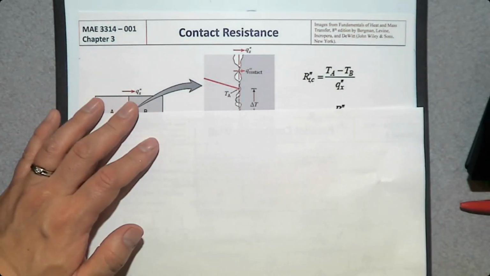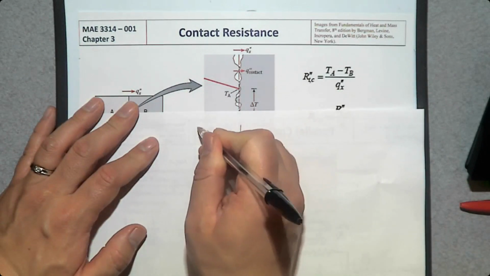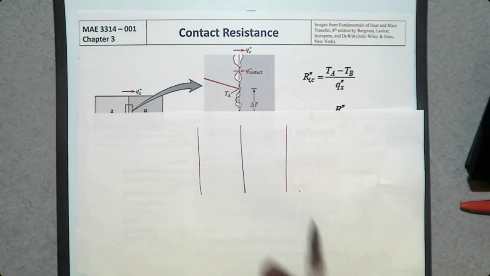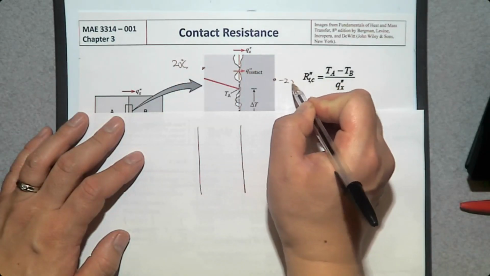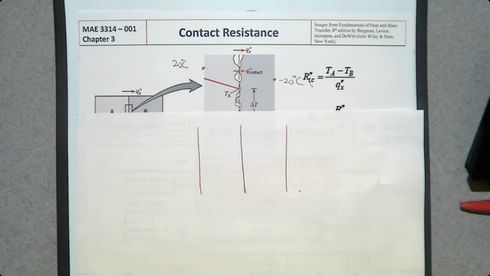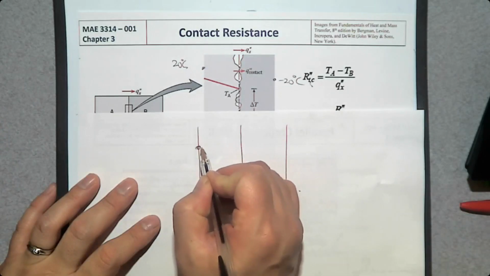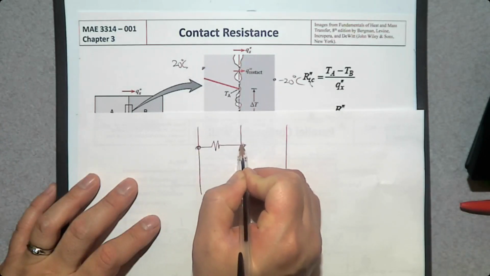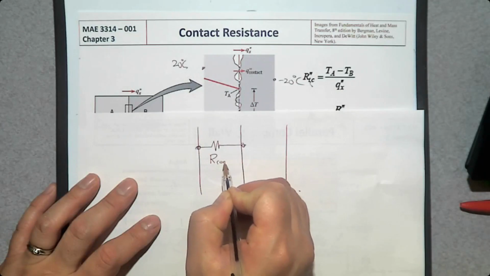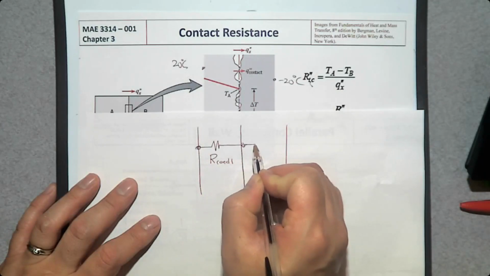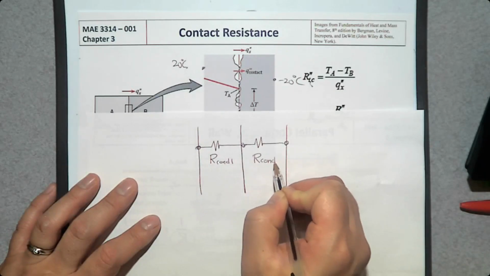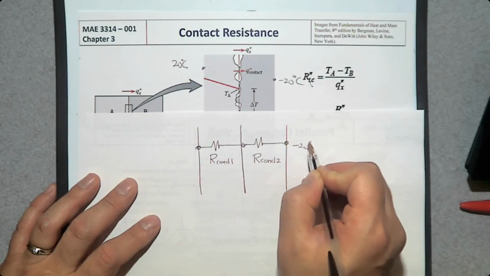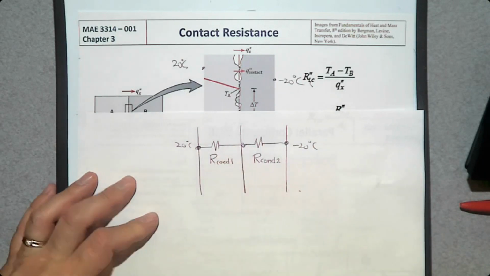If it is perfect contact between two solids, let's assume that this side is 20 degrees Celsius, the other side is minus 20 degrees Celsius. We expect there are two resistances. First, through this wall by conduction, number one, and another resistance through this wall by conduction, number two.